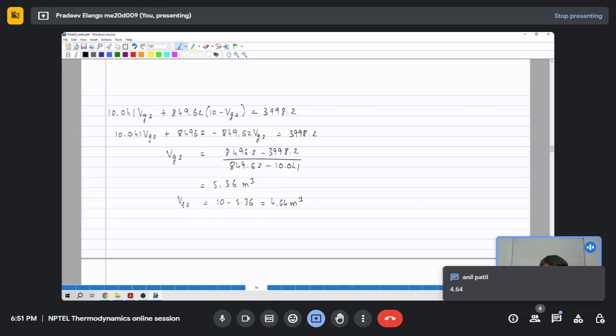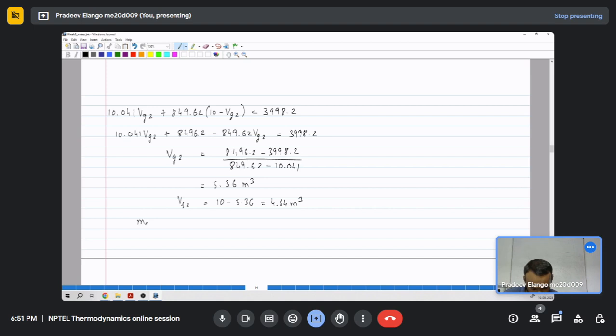Now internal energy at state 2, to calculate that we need mg2 and mf2. mg2 is Vg2 divided by specific volume of G, that is 5.36 divided by Vg is 0.09959.